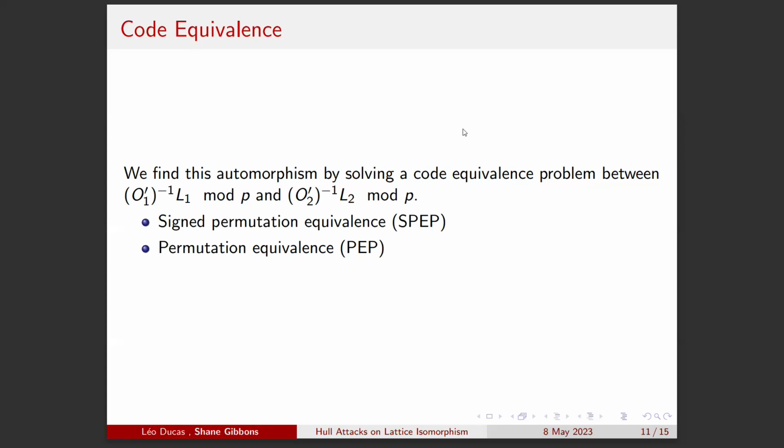What we show in the paper is that this instance of signed permutation equivalence can be reduced to an easy instance of permutation equivalence. This is using a technique of Sendrier and Simos from a paper of 2013 called The Closure. Their instances reduced to hard instances of permutation equivalence, whereas ours we show reduces to an easier instance.